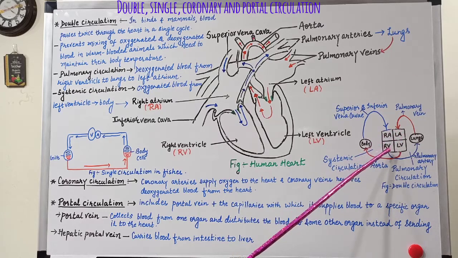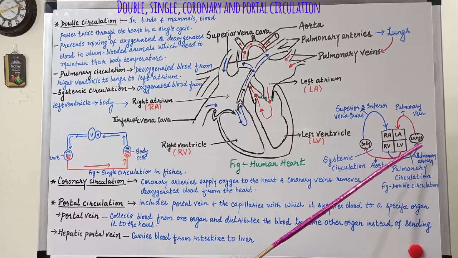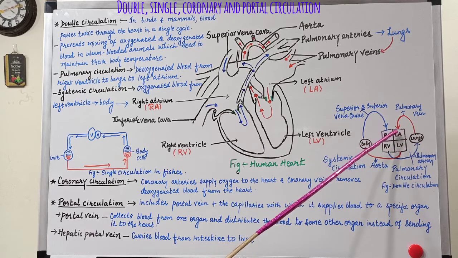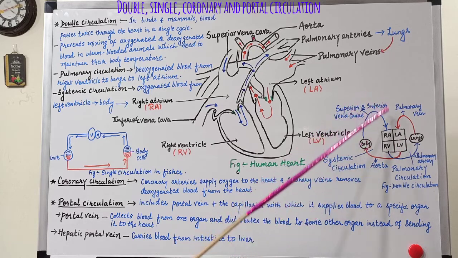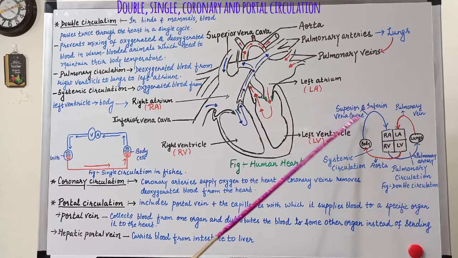It means pulmonary circulation is the movement of blood from the right ventricle to the lungs to the left auricle, and systemic circulation means movement of blood from the left ventricle to the body through the aorta and coming back of blood to the right auricle through the superior and inferior vena cava.